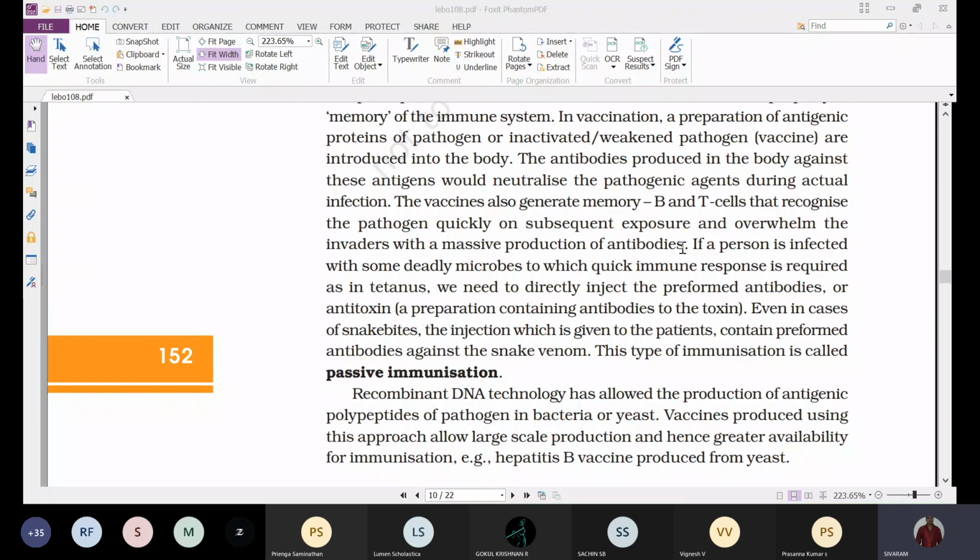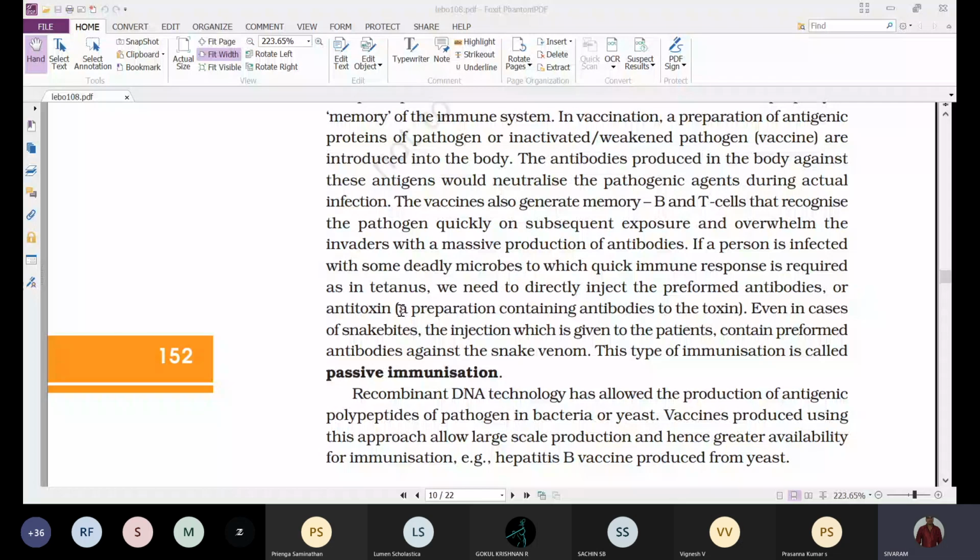But in immunization, what do we do? If a person is infected with some deadly microbes, such as tetanus, to which a quick immune response is required, we need to directly inject the preformed antibodies or antitoxin. If a person is already infected, vaccination cannot work because the infection is already there.